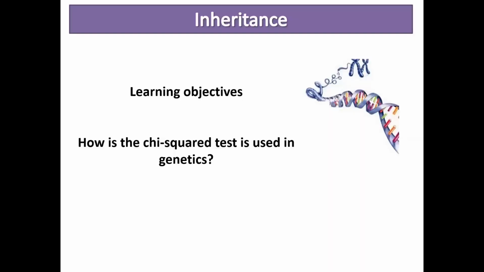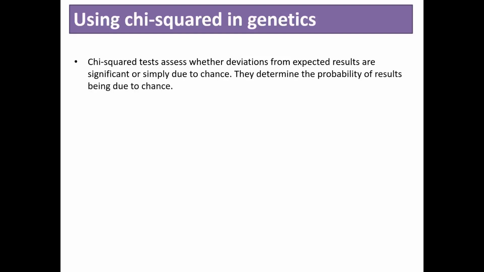Chi-square is a type of statistical test through which we look for the relationship between different variables. In genetics, we use genetic diagrams or genetic crosses to look at those relationships. What these tests assess is whether the deviations from the expected results are significant or simply due to chance.